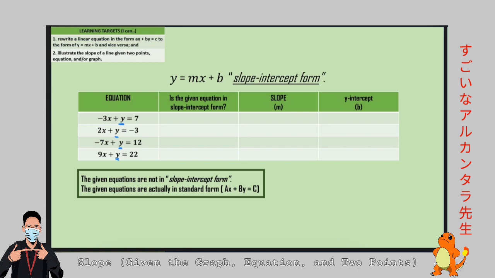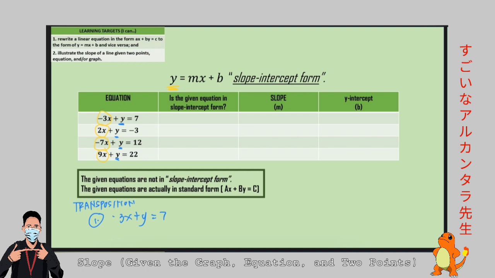Your goal here is to move the terms with the x's, because again the goal is to only have y alone on the left side. To do that, I'm going to teach you the technique which we call transposition. An example for transposition can be shown with the first example: negative 3x plus y is equal to 7.